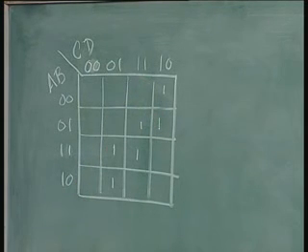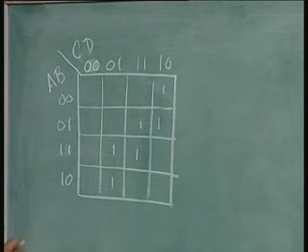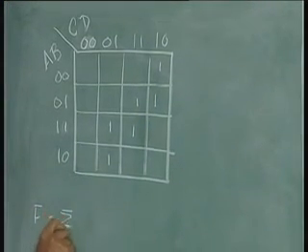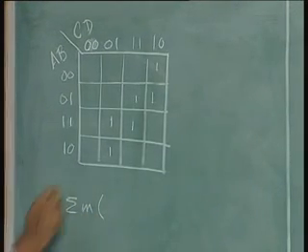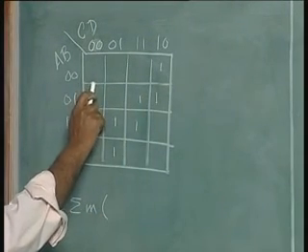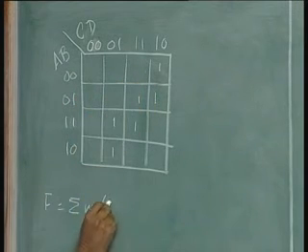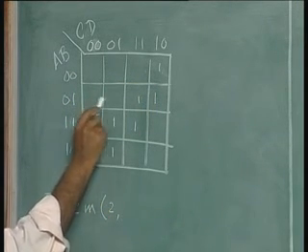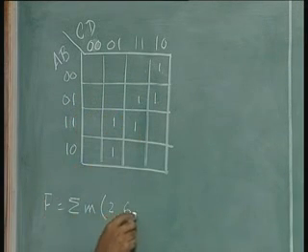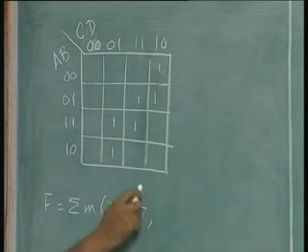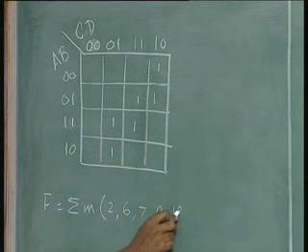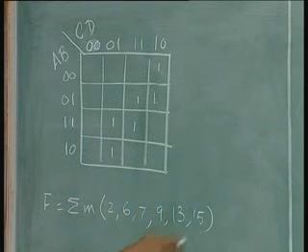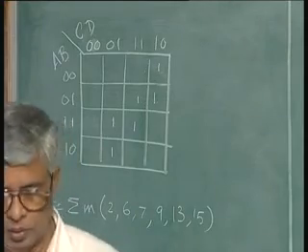This is the pattern of ones. That means this is a function which is expressed as a sum of the following minterms. This is minterm number 2. So let us start from here: 0, 1, 2, 3, 4, 5, 6, 7, 8, 9, 10, 11, 12, 13, 14, 15. Right? This is the map.